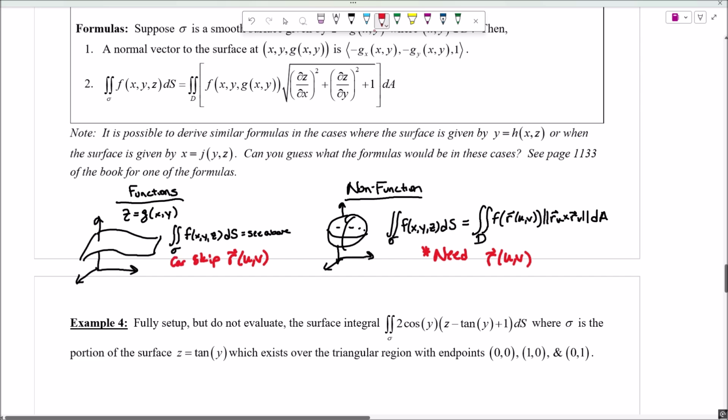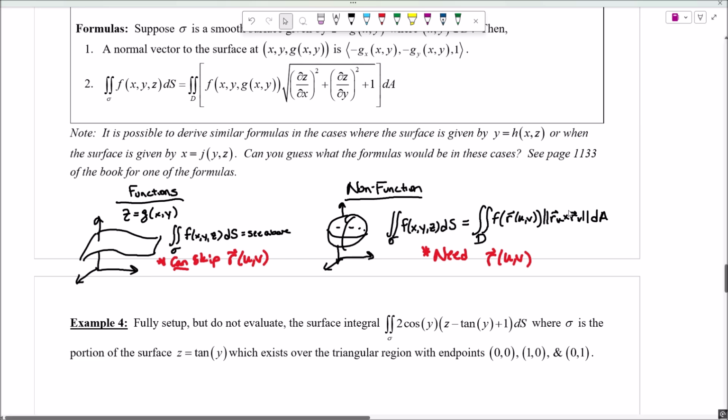I can skip it. I don't have to, but I'm able to, and instead use the formula that I have up above. This can actually save a lot of time, as sometimes finding parameterizations can be difficult, or as we saw in the sphere problem, sometimes the calculation of the partials and the norm of the cross product can be incredibly complex. This is super crucial to keep in mind.